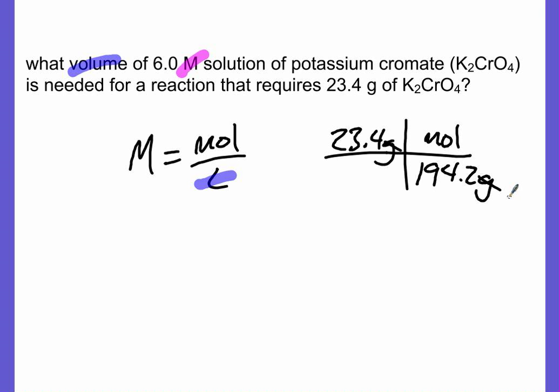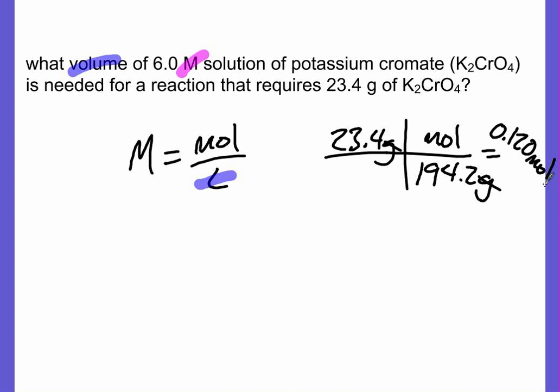So I'll divide 23.4 divided by 194.2 gives me 0.120 moles using significance. Again, should have 3 sig figs because the 23.4 had 3 sig figs.